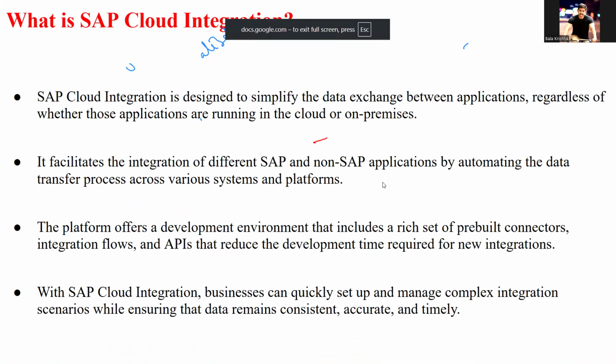Now SAP Cloud Integration is designed to simplify the data exchange between applications. In the SAP, S is the systems.